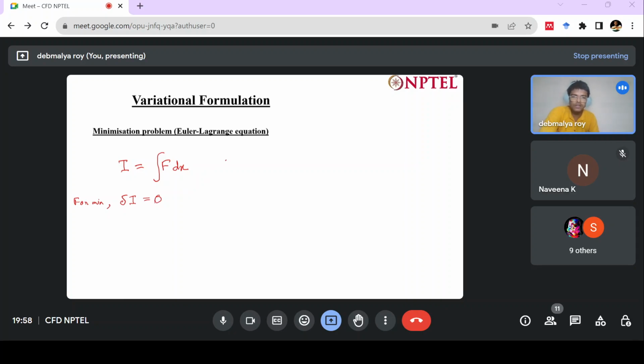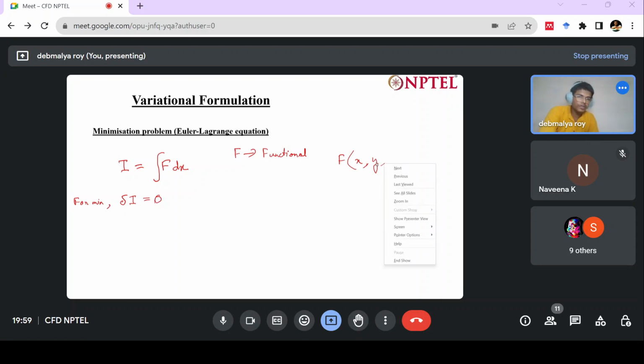And this f is sometimes referred to as a functional, to distinguish it from the unknown variables which we refer to as functions. For example, if we have a single independent variable x and a dependent variable y, the solution y will be called a function.